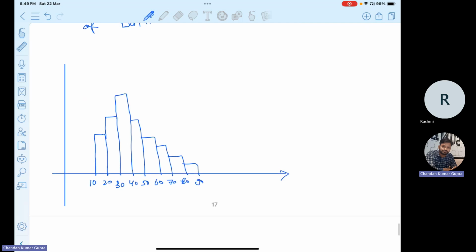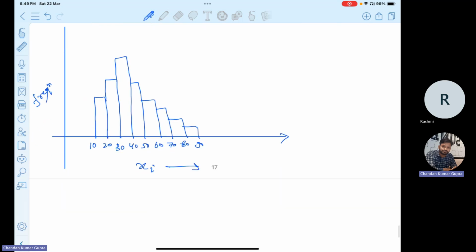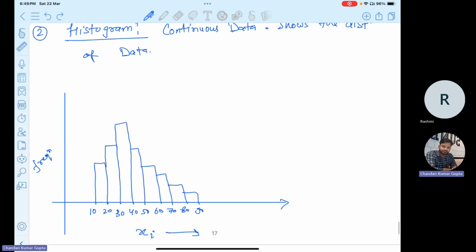Here we have xi values on the x-axis, and on the y-axis we have frequency. So we plot the graph for continuous type of data.